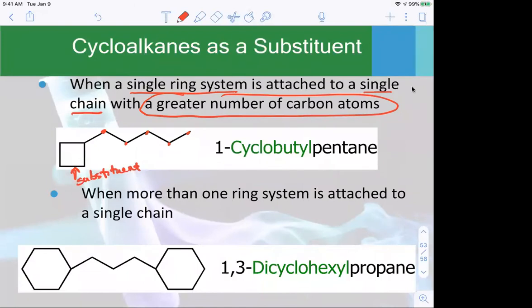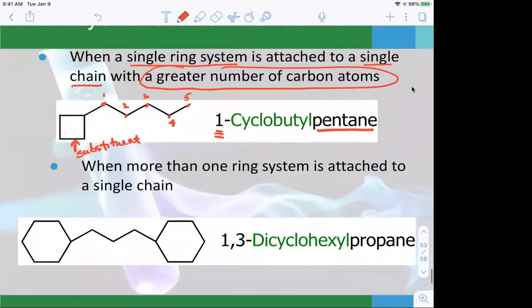So that will be a pentane derivative. On the first carbon, I have a cyclobutyl. Now notice I need the 1 here because that's referring to the number on the carbon of the pentane chain that I actually am connecting to the cycle.